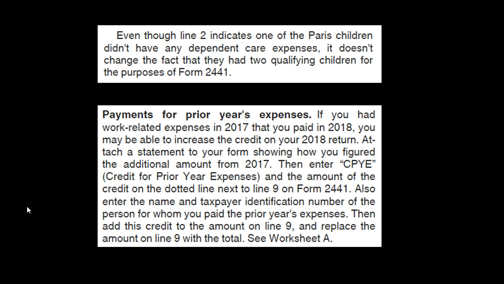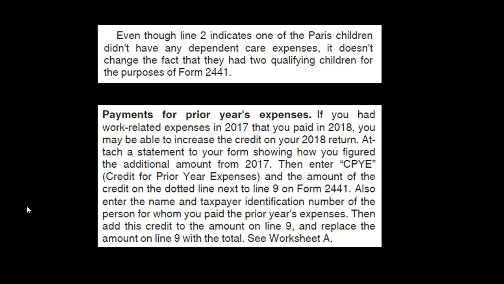Payments for prior year's expenses. If you had work-related expenses in 2017 that you paid in 2018, you may be able to increase the credit on your 2018 return. Attach a statement to your form showing how you figured the additional amount from 2017, then enter CPYE, credit for prior year expenses, and the amount of the credit on the dotted line next to line 9 on Form 2441.